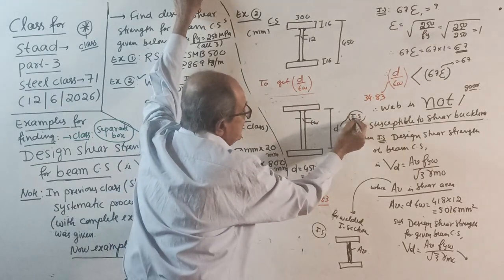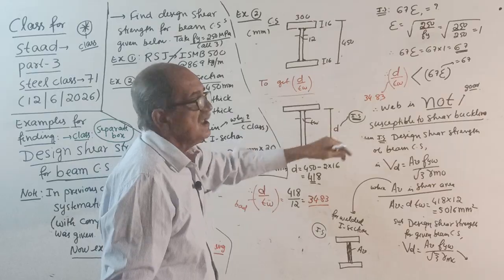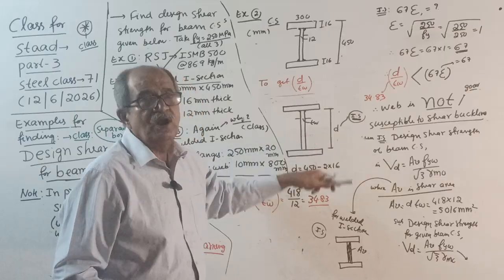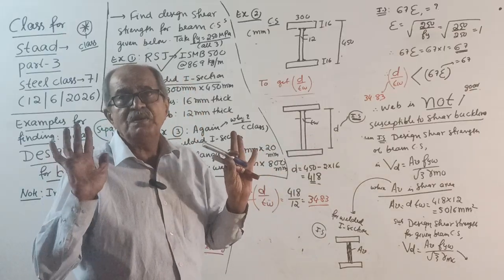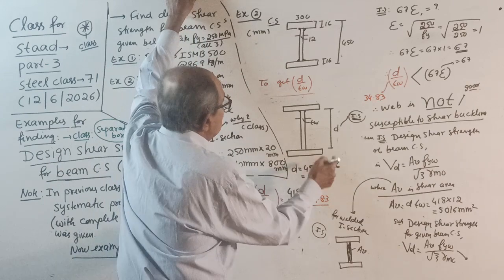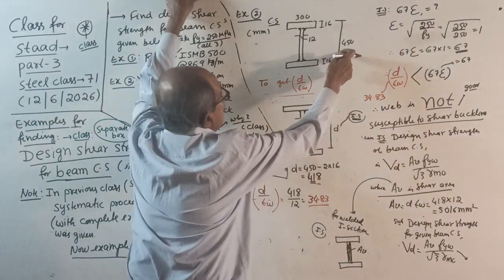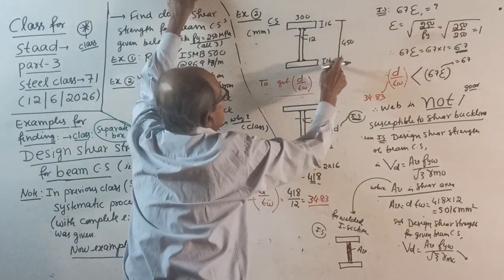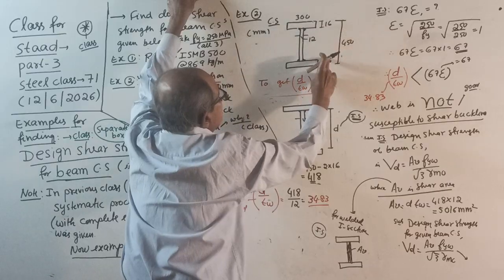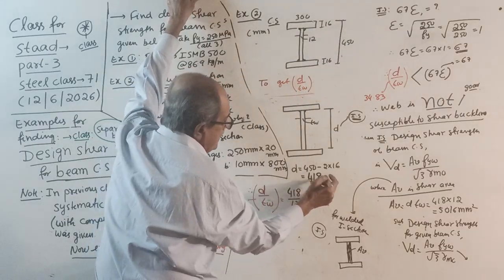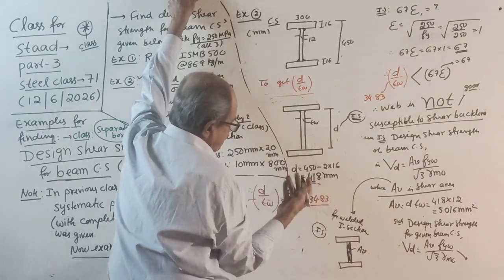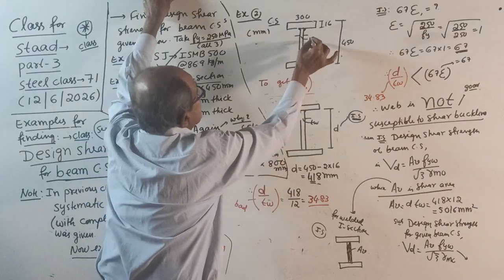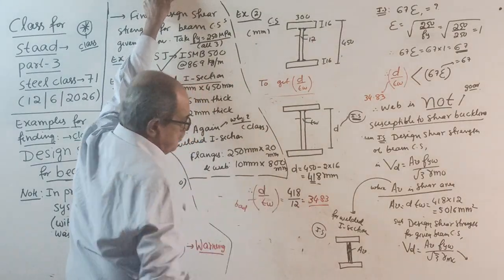So the IS code clearly told, you can make a note here: for a welded I section, d stands for the actual depth of web. So your d equals, but be careful, it is not 450. 450 is total. So from 450, subtract 16, subtract 16. You get 418 millimeter. d by tw, 418 by the web thickness 12, is 34.83.